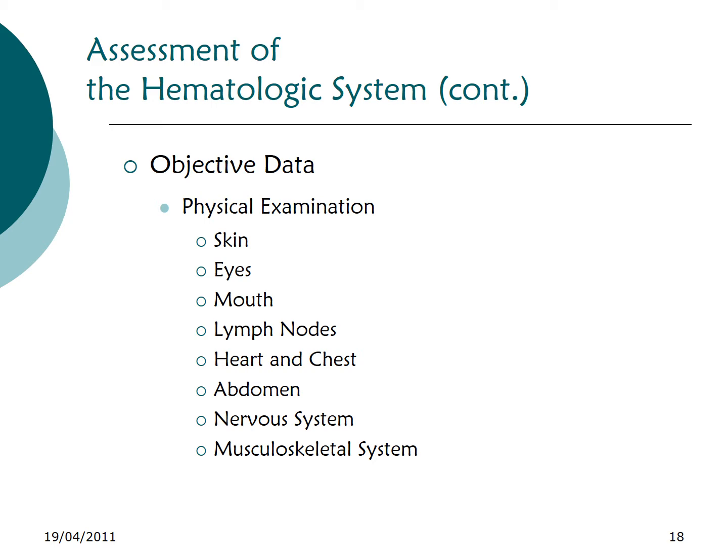The abdomen, inspect it for size, for distension. Auscultate it for sound. Palpate for organomegaly. The nervous system, alert and oriented. Musculoskeletal. So you go through the physical assessment of each system. Next slide.